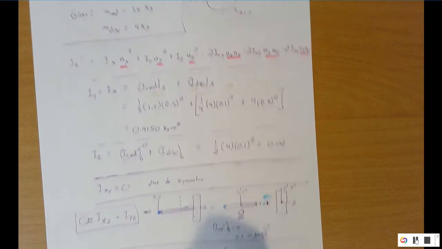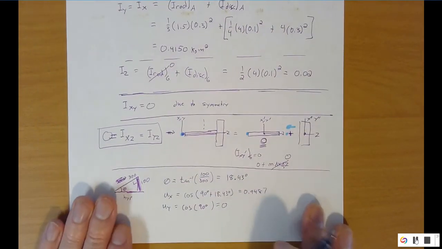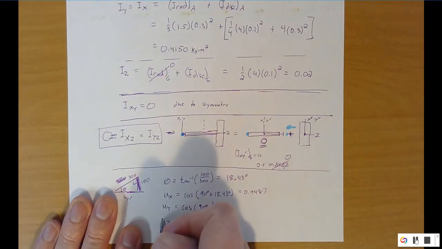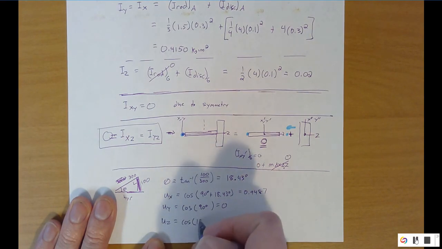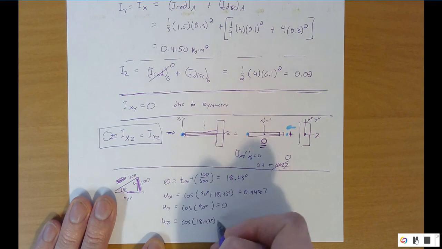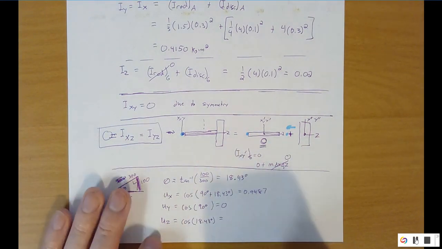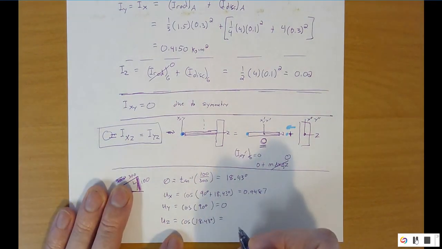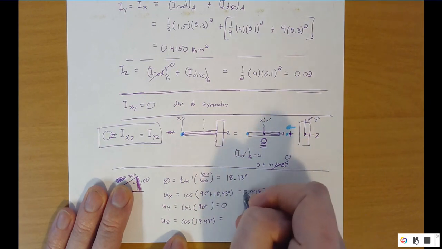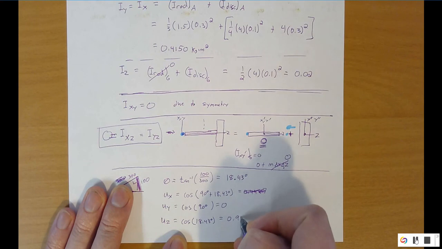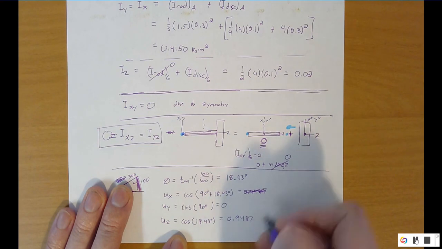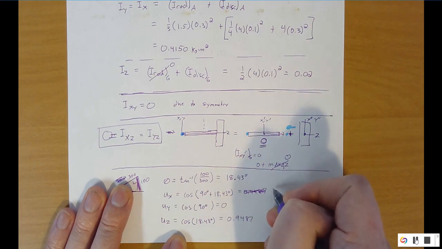And then uz is going to be cosine of that 18.43 degrees, which is going to give me 0.9487. There we go.